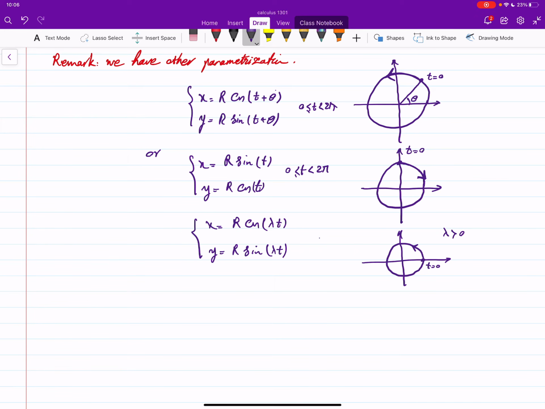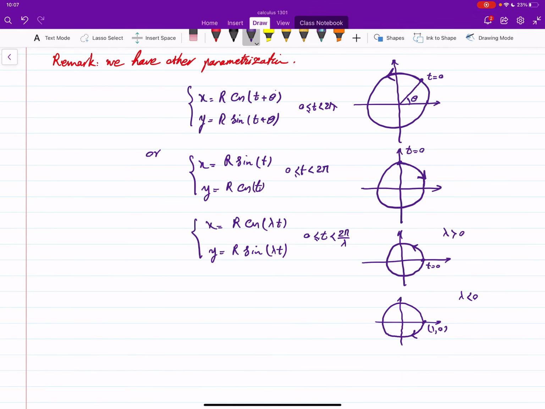But the point is that this will go with different speeds. So actually your t in this case doesn't need to go up to 2 pi. It's up to 2 pi over lambda. Or if lambda is negative, this will start from 1, 0, but it will go clockwise, and the direction will be different in that case.